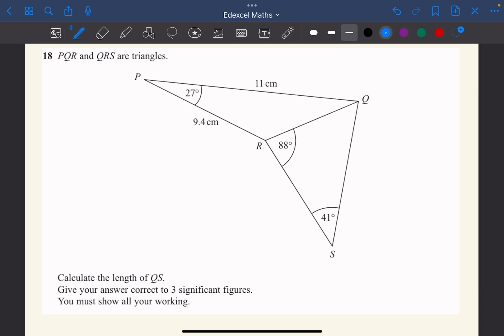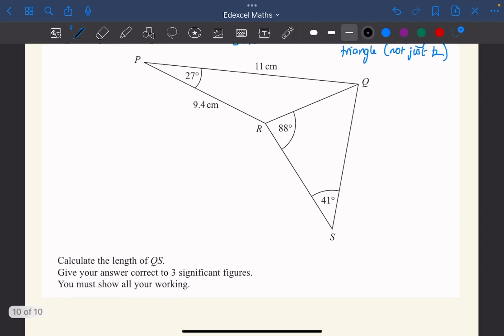It might not be initially obvious how to use them, but just remember the sine and cosine rules work on any triangle, not just right angle triangles. So that works on anything.